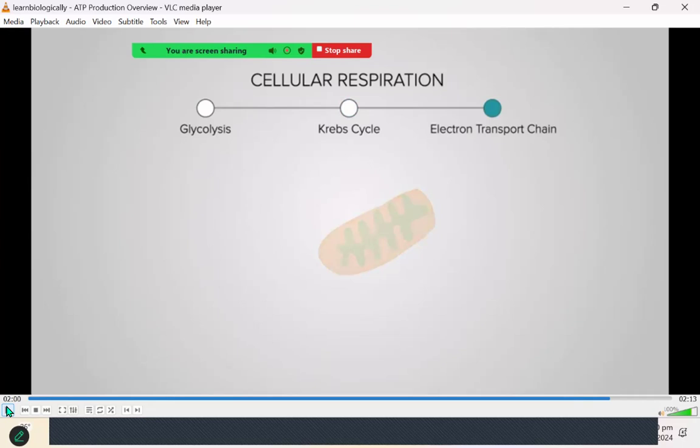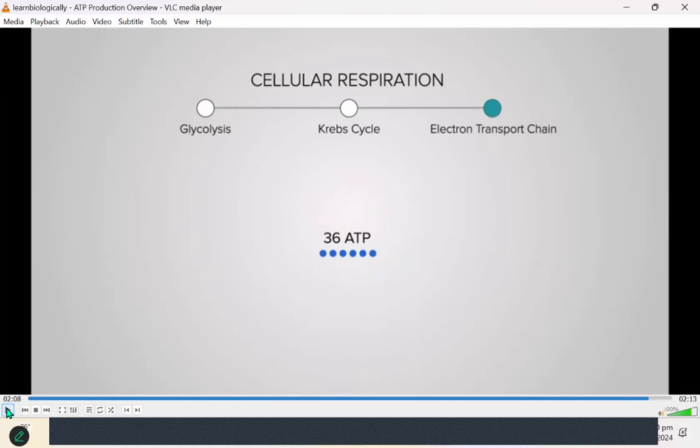Water is used too, same as mentioned with hydrolysis, when breaking down your ATP. For every glucose molecule, the process of cellular respiration produces about 36 ATP molecules in total that can be used for energy inside of cells.